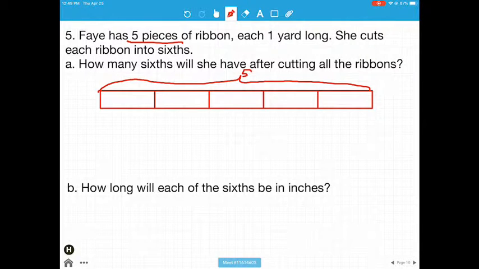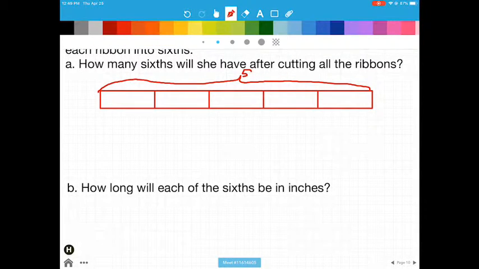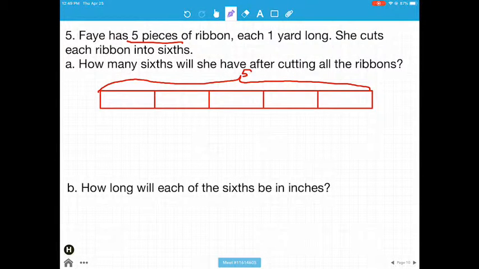Okay, and then after it says she cuts each ribbon into 6. So she's cutting each one into 6. So that's why I'm cutting them into 6.